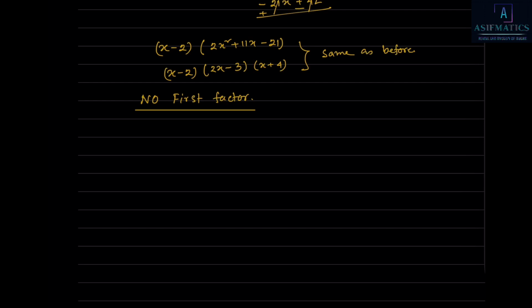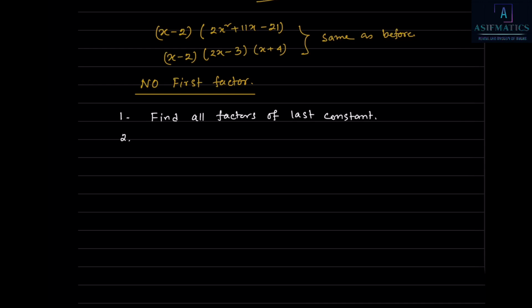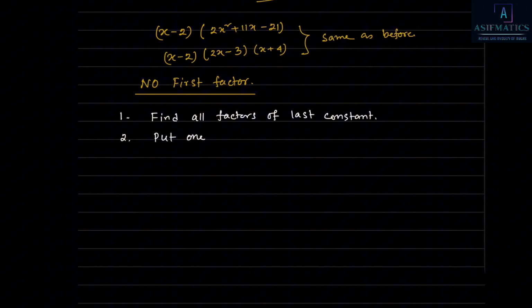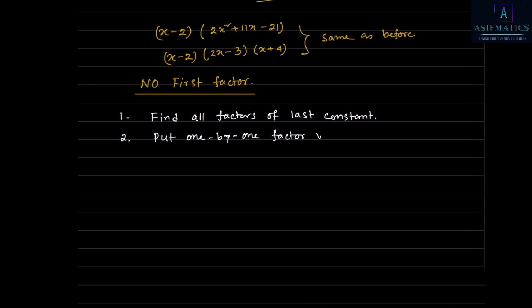In this case, remember, first you have to follow this procedure. First, find all factors of the last constant. I'll show you the example. Then number 2, put the factor values one by one into the polynomial, that is p of x.